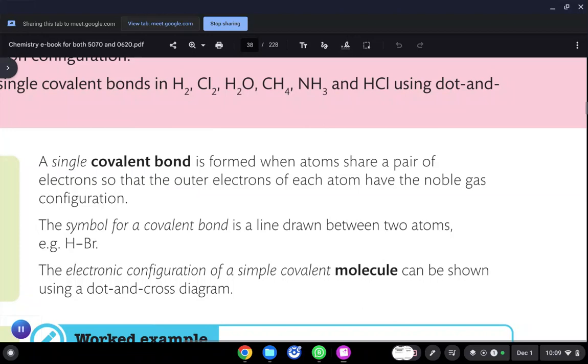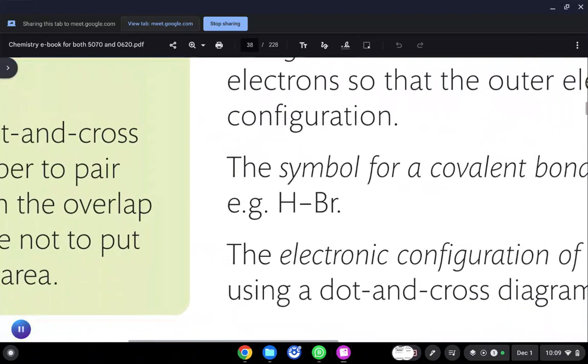For example, we have HBr. Hydrogen carries only one electron. It is in need of one more electron so that it can complete its outermost shell by the duplet rule. On the other hand, on the right hand side, we have bromine. Bromine belongs to group number 7.